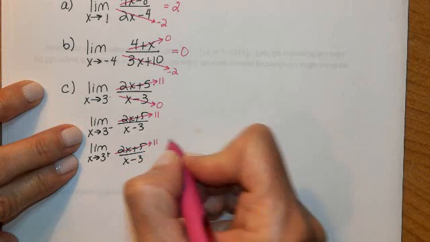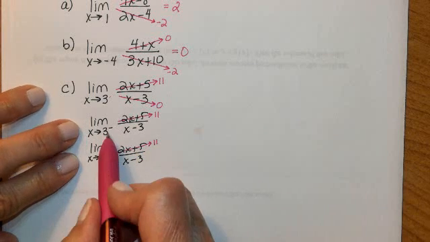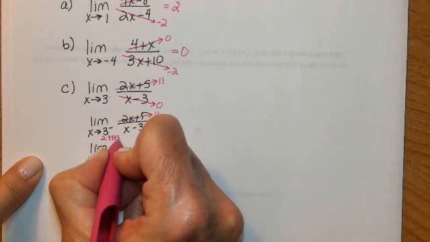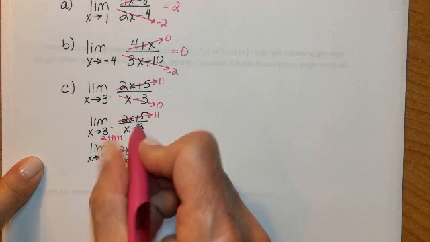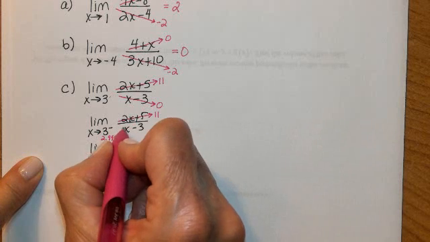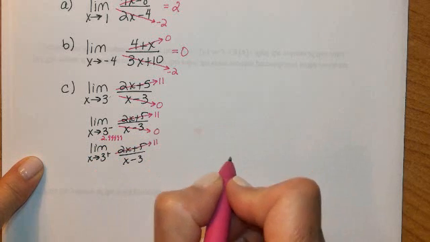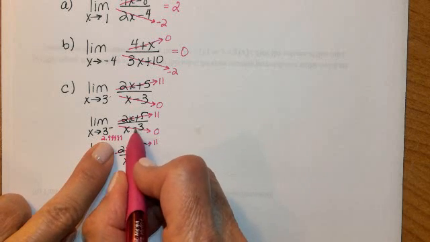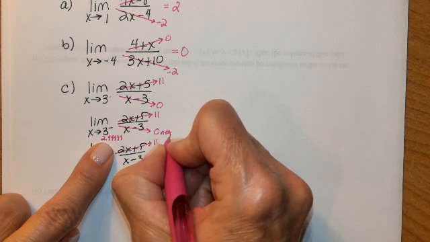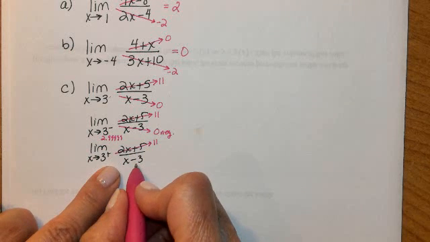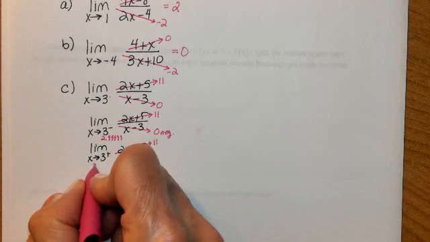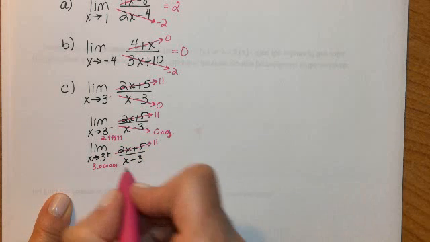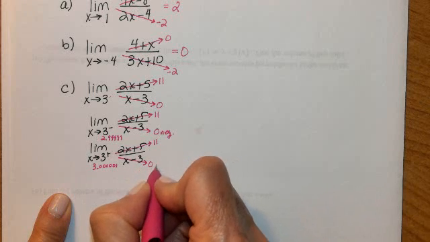So 3 from the left, I'm thinking of 2.99999999999. If I put that in for x, yes, it's going to 0, but is it positive or negative? Well, it's going to be negative because we're going to have a very, very tiny negative number. Whereas on this one, where we're approaching 3 from the right, that's like 3.00000000001, right? Yes, this is going to 0, but it's positive.